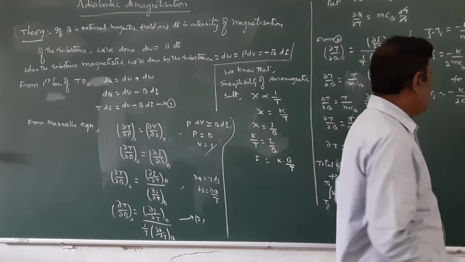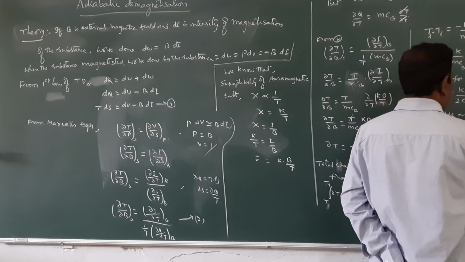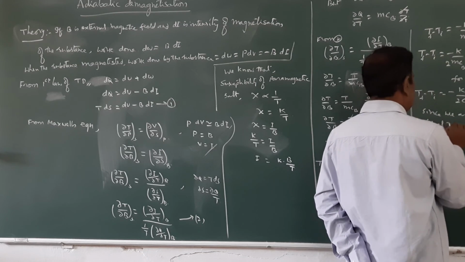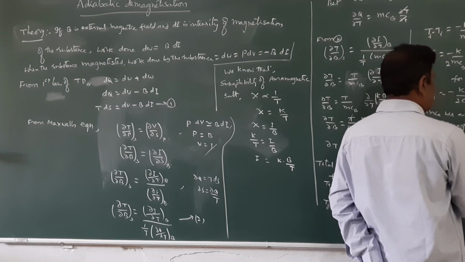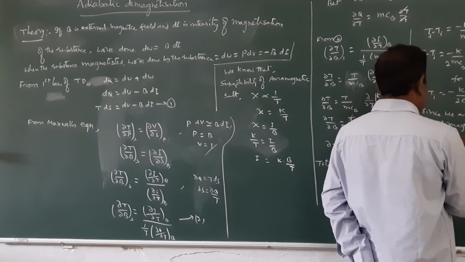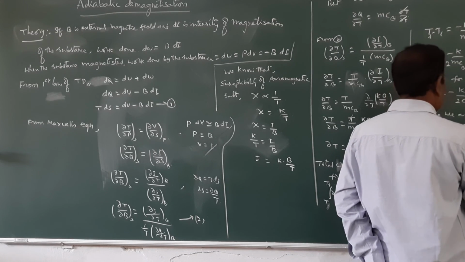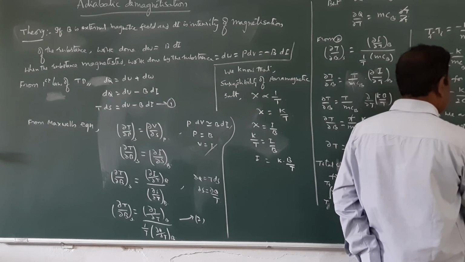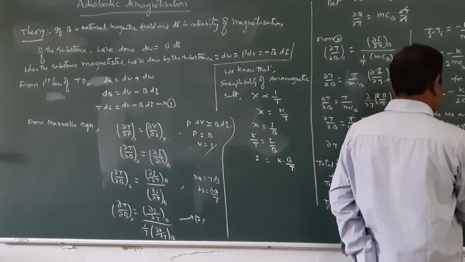Because we are removing the final magnetic field while demagnetization, therefore Bf is equal to 0, and the change in temperature is K into Bi square divided by 2Cb.